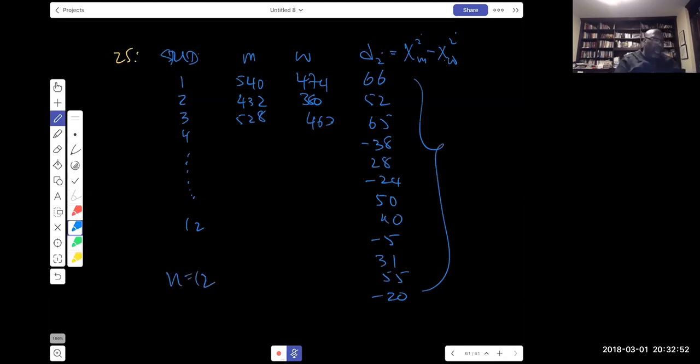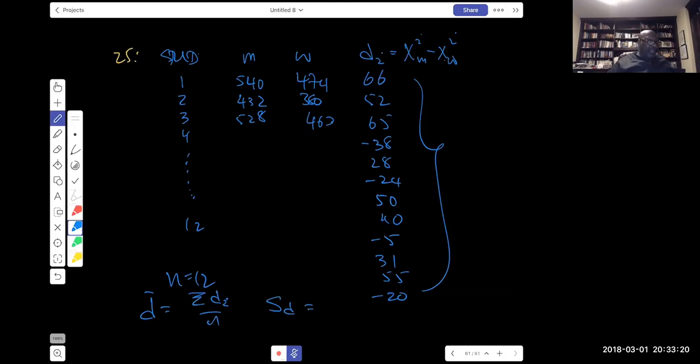With those 12 differences, we're going to calculate the average difference, which is the sum of all of the differences divided by n. We must also calculate the standard deviation of the differences. Why? Because now we're going to test the hypothesis that the math score and writing score are different versus not different.